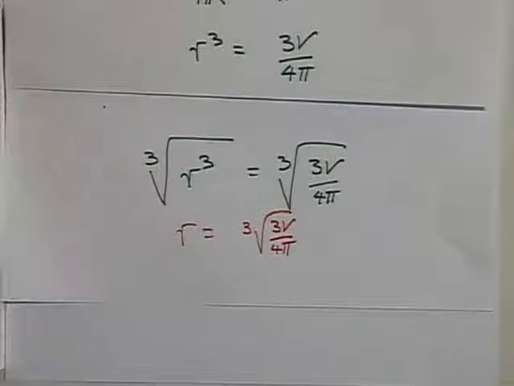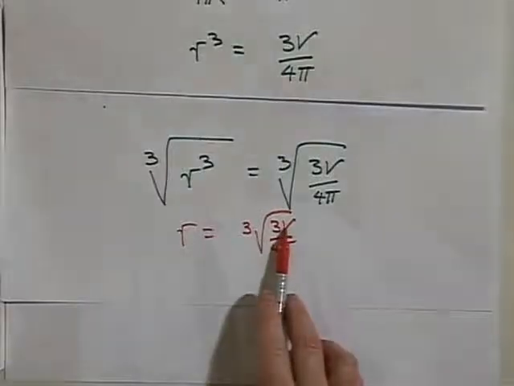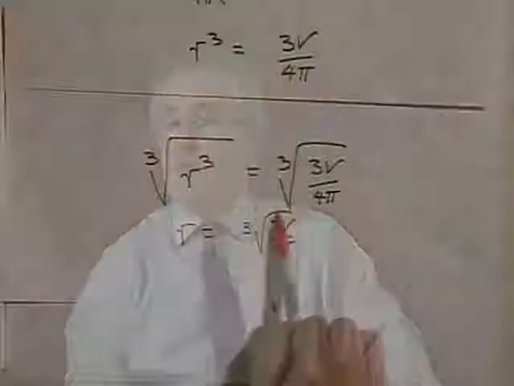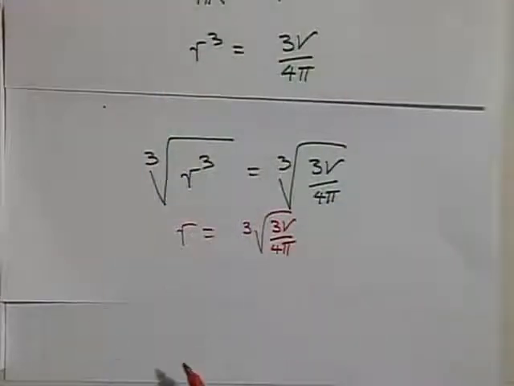Now remember, they've told you what V is. V was 100 or 1,000 or a number. That's a number. 3 is a number. 4 is a number. Pi is a number. The cube root is on your calculator. You've found r. Is that okay? So for the whole area of shapes and sizes, perimeters, volumes, all of these things, you just rip the thing inside out and say, I can take this step by step.